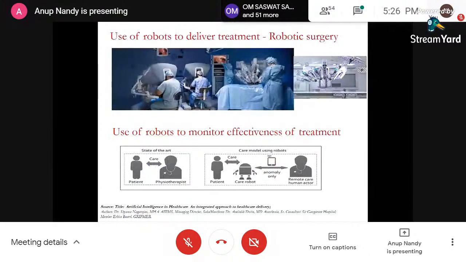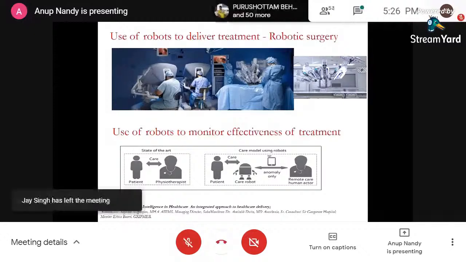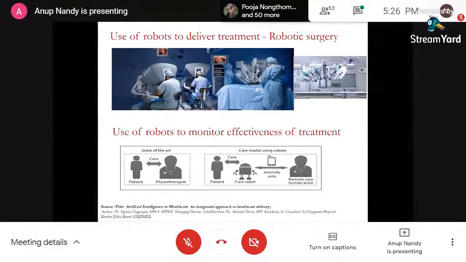Now the use of robots to deliver treatment in this field is called robotic surgery. If you are going to have some automation, you can see how AI techniques can be useful here.